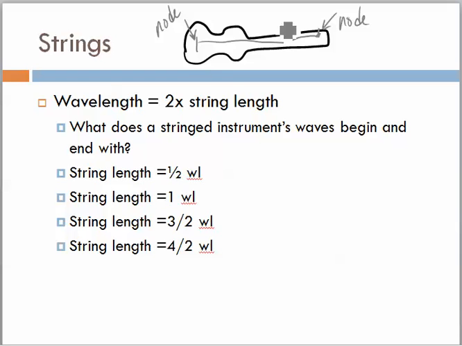So if you think about this string, the first string, the longest wavelength, is going to be like this. And if we continue it, we find out that it's going to be twice as long, because this is half of the wave and here's the other half of the wave. So a wavelength is going to be 2 times the string length.